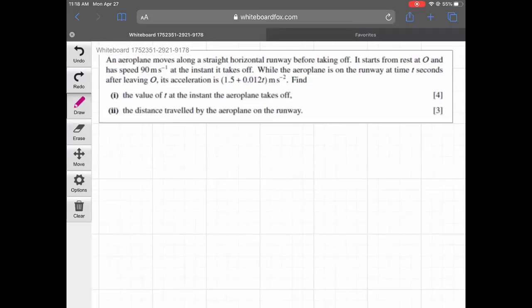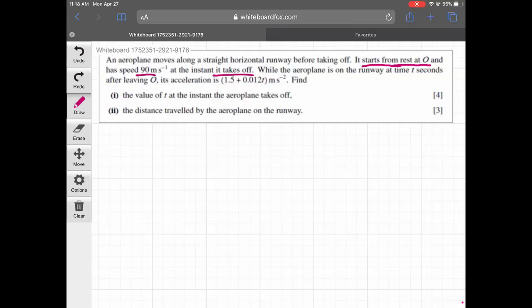Starting from rest at O. So I'm going to underline that. And it has a speed 90 at the instant it takes off. So that's another crucial bit of information. While it's on the runway at time t after leaving the origin, its acceleration is given by that expression.